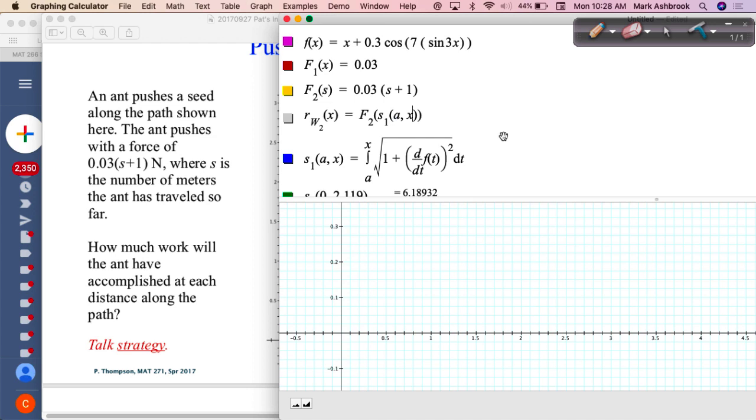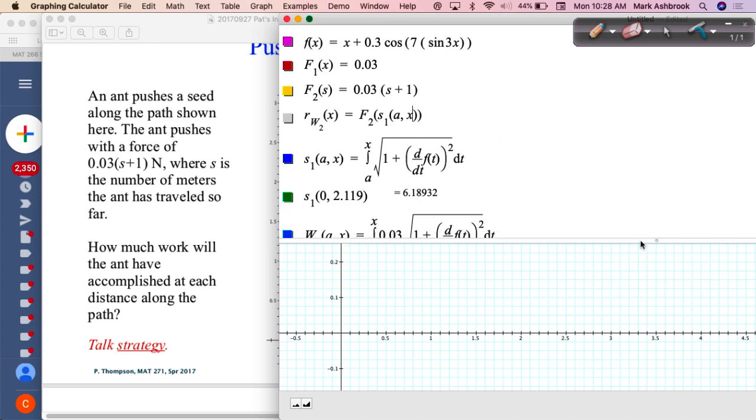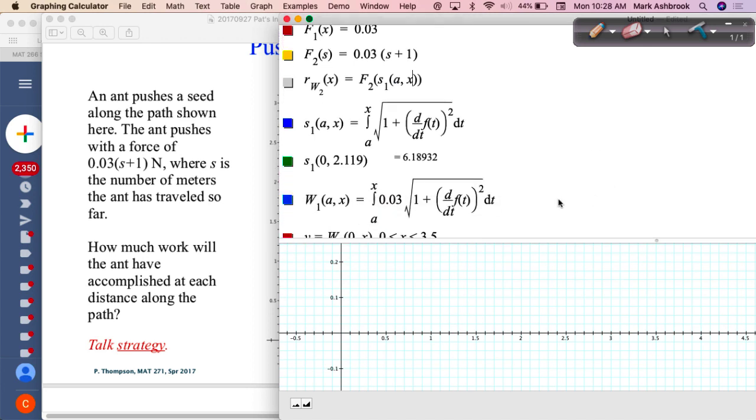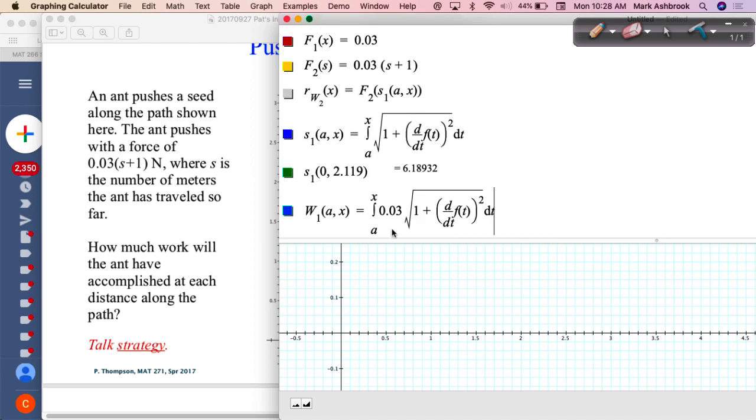Does that do it? So notice, in our first work function, this was the force as a function of s, and we needed to transform that force as a function of s into the x variable. Does this do that? We got F2 in terms of x, but it's still a function of s, arc length.